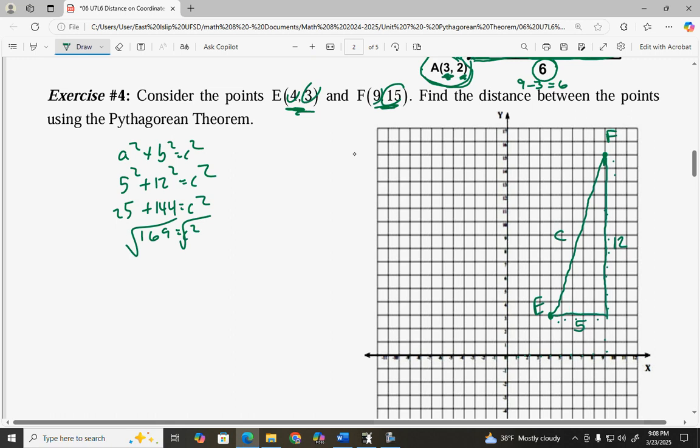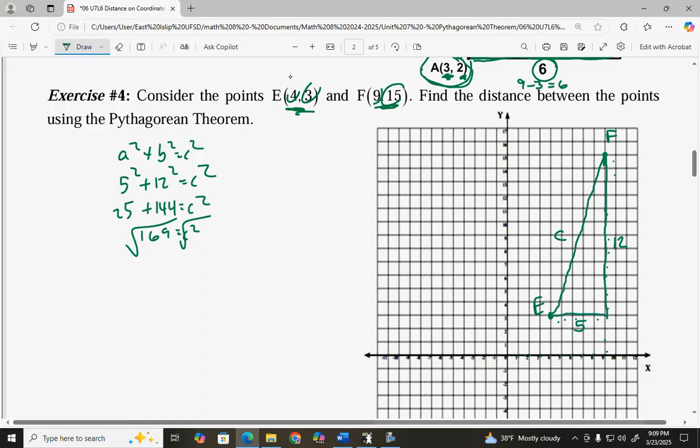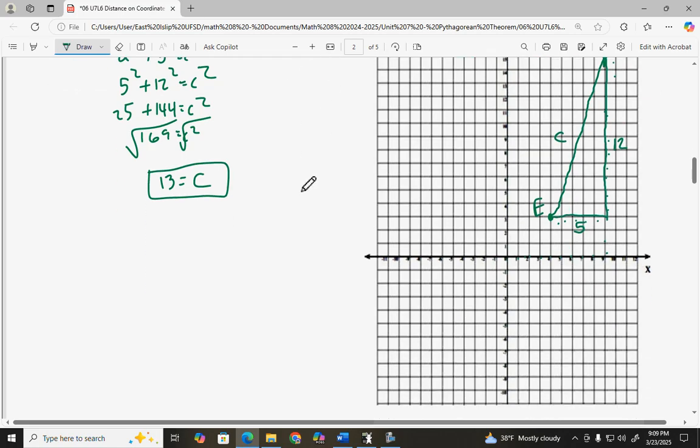Then we square root both sides, and guess what the square root of 169 is? It is 13. So if you do remember some of your Pythagorean triples, you can find the answer quicker. But the distance between point E and F is 13.